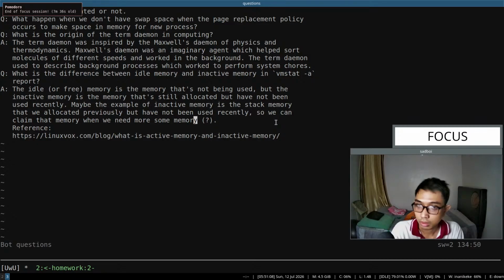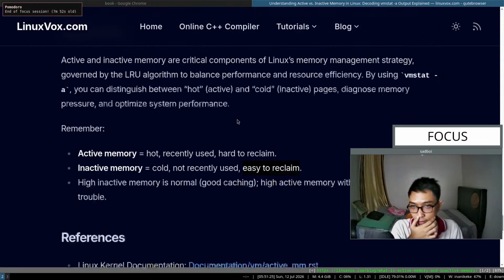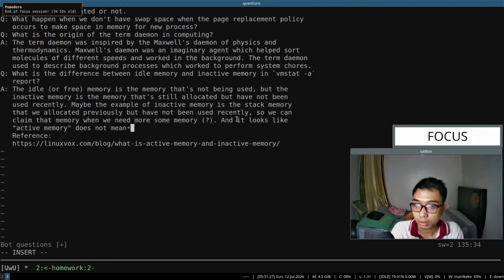Okay, and it looks like active memory does not mean the memory in use.